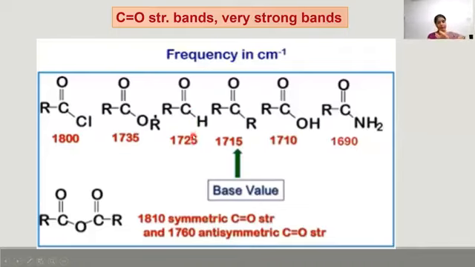The base value we can consider as that of ketone, and it shows absorption at 1715 centimeter inverse. Carboxylic acid, RCOOH, shows absorption at 1710 centimeter inverse, and acid amide shows absorption at 1690 centimeter inverse.